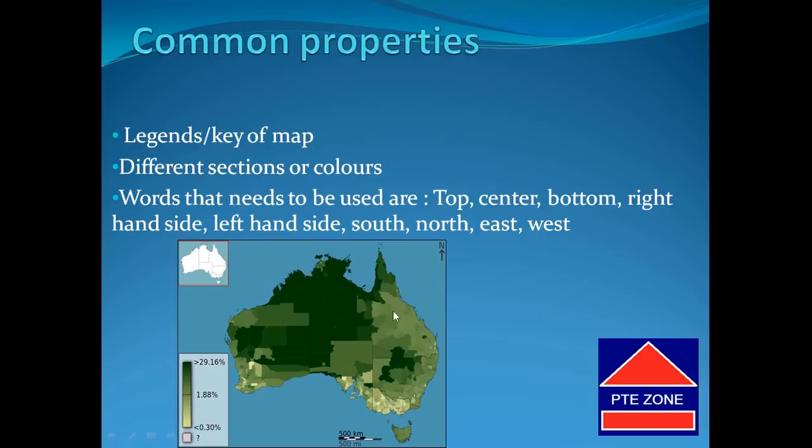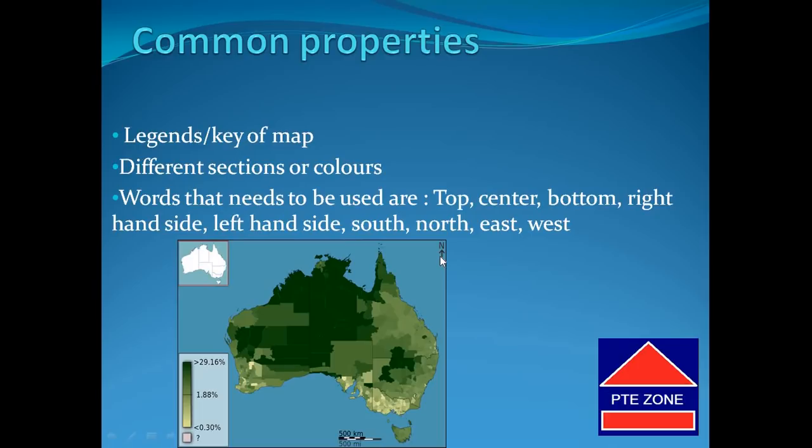Now there would be different sections with different colors. Other important parameter of map would be that every map would be having a center area, a top area, a left area, a right area, a bottom area, or you can say north, south, west, east, right?